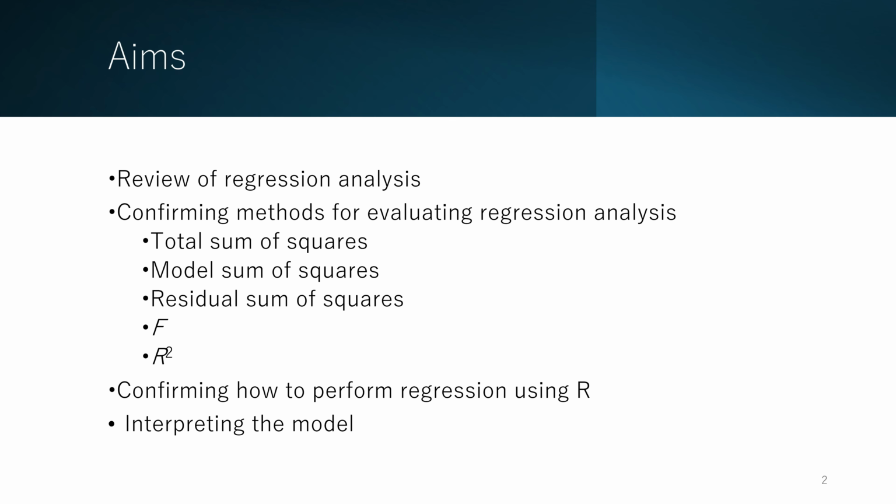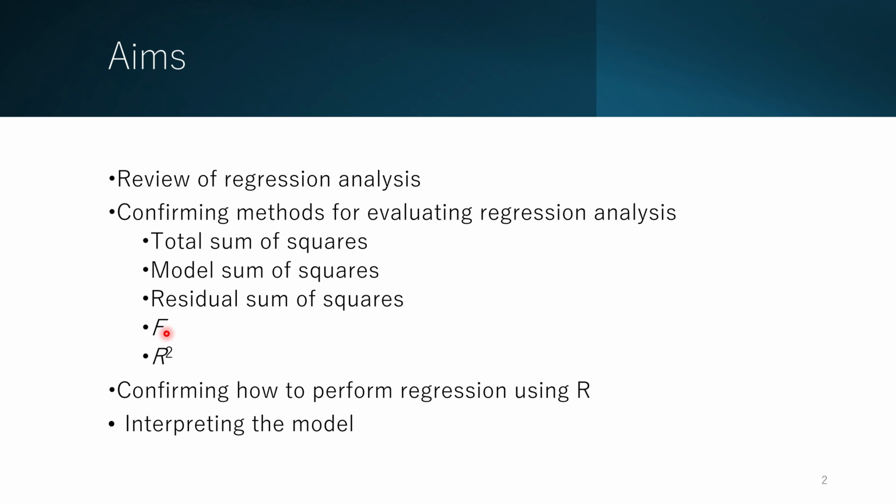The aim of this chapter is quite straightforward. First, we review what regression analysis does. Second, we learn how to evaluate a regression model, how good or bad it is. We will discuss the three key components: total sum of squares, model sum of squares, and residual sum of squares.